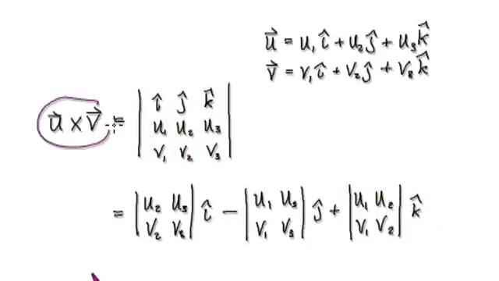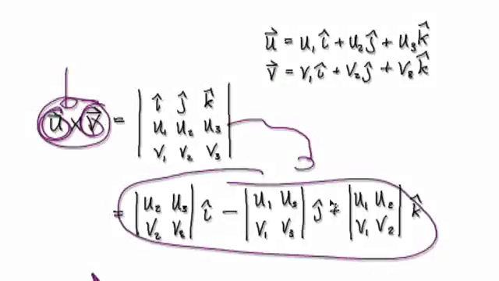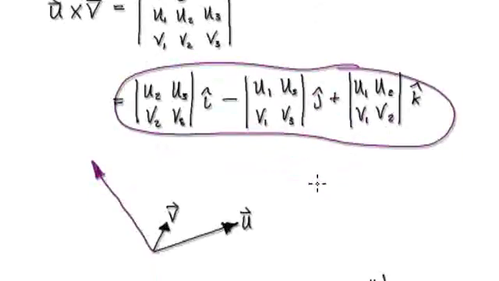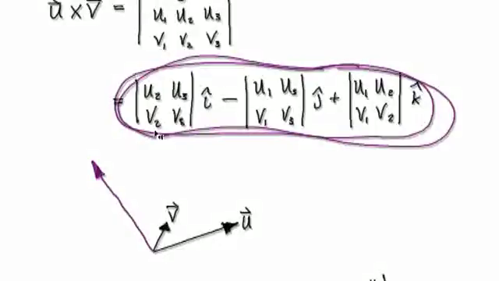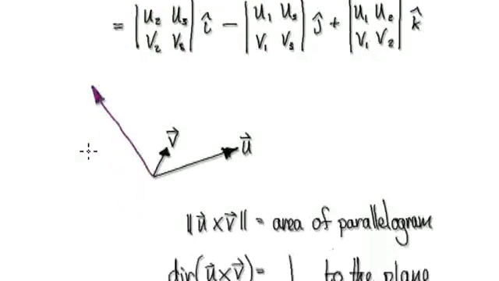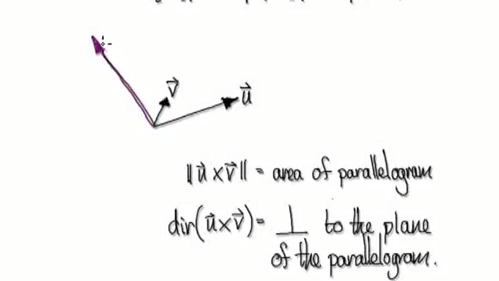The point is that you have no idea what it means to have one vector crossing another. So u cross v would then just give you this whole thing here. Well, this whole thing here is a vector, and this vector here is this purple vector here, and this purple vector will be perpendicular to the plane of the parallelogram of the other two vectors.